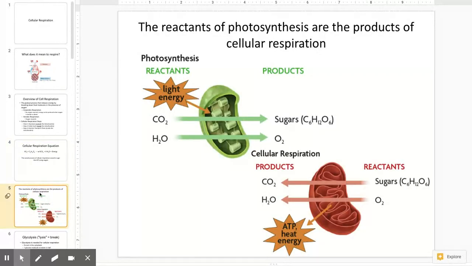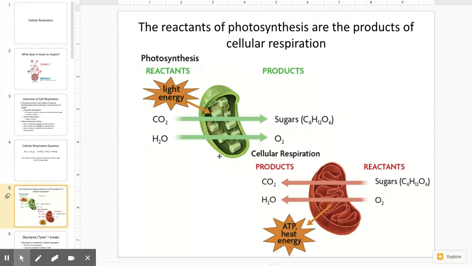And another big picture concept here, and I'm really throwing a lot of big ideas at you, is that the reactants of photosynthesis are the products of cellular respiration. So here are our reactants. Carbon dioxide and water. They go into plants with light and make sugar and oxygen, whereas sugar and oxygen go into a mitochondria and create ATP and release carbon dioxide and water.